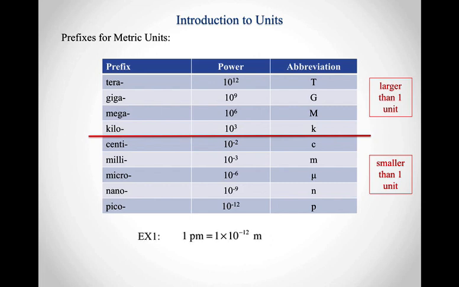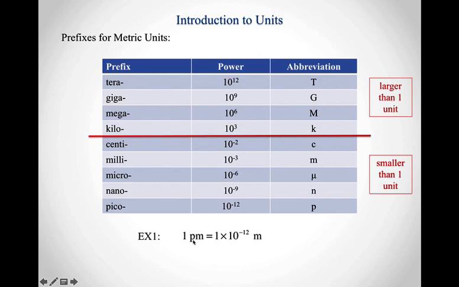But as an example, here's how I want to use this table. Let's say I have something that says 1 pm. The p tells me I've got pico for the prefix, and the m says I've got a meter. So this is 1 picometer. The number 1 stays the same, and the meter stays as a meter.